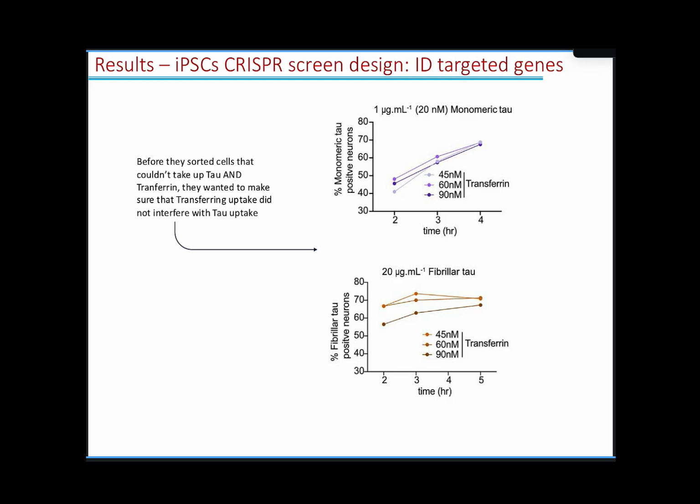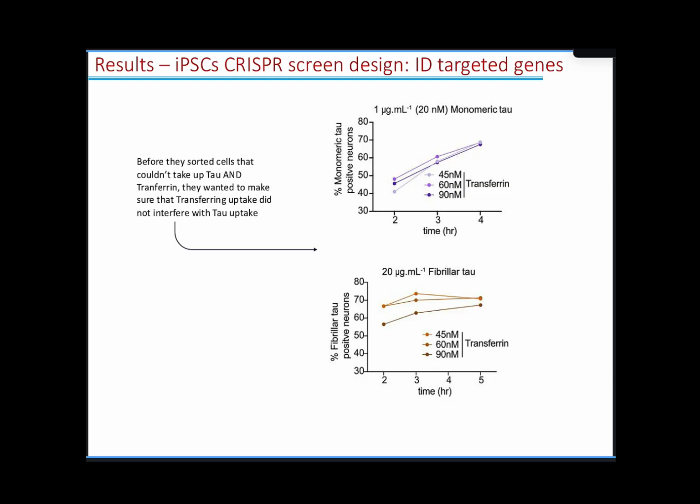So, before they went into this whole experiment, which is obviously very time and resources consuming, they wanted to make sure of one thing, and that is that cells could take up transferrin and tau simultaneously, and that the endocytosis of one wouldn't interfere with the other. More importantly, since they were using transferrin as a built-in or internal positive control, they wanted to make sure that transferrin did not interfere with the uptake of tau.